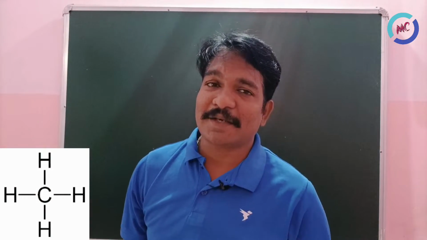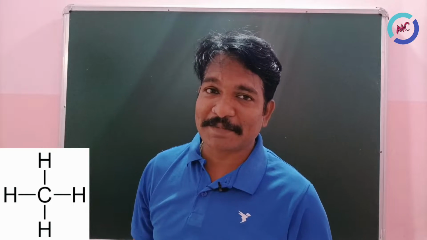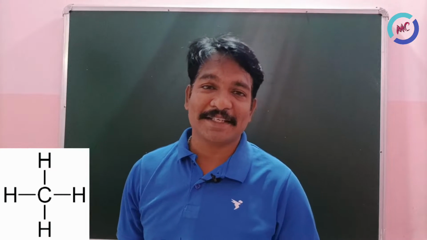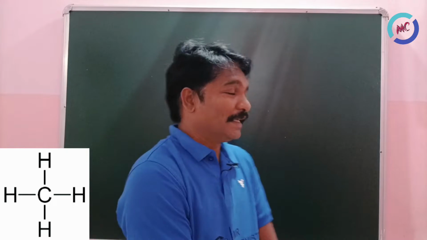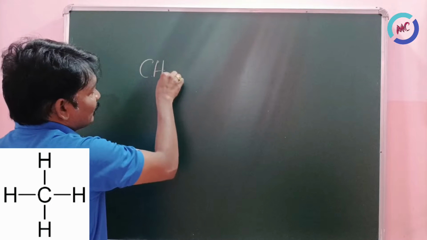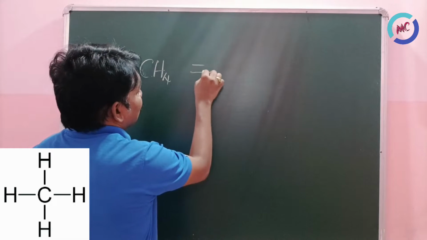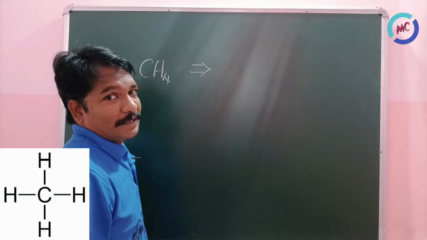Clear? Methane. Methane is the simplest hydrocarbon. Out of millions of hydrocarbons, the simplest one is methane and its formula is CH4, a 1 carbon hydrocarbon. In case of methane, what is the central atom? The central atom is carbon. How to find hybridization number?